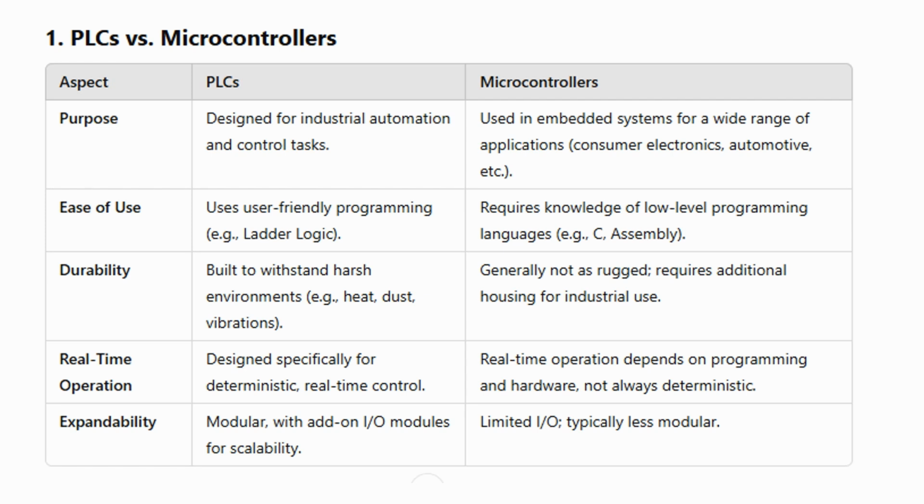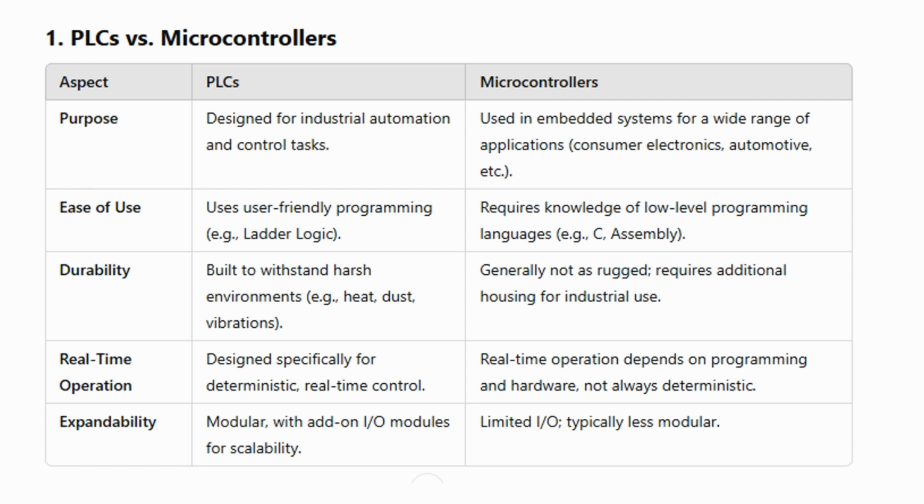As far as real-time operations, for a microcontroller, it really depends a lot on the programming and hardware. They're not always deterministic. But PLCs are designed specifically for deterministic real-time control. That's where they shine, and that's really what they're meant for.